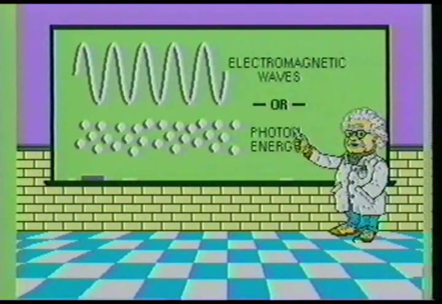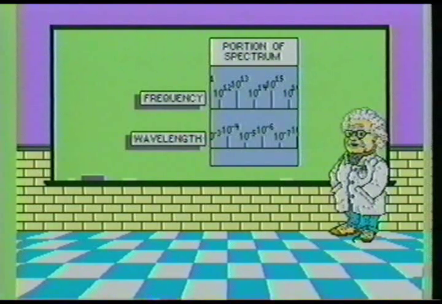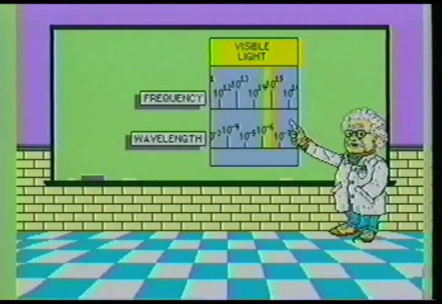Light energy, as we know it, may be thought of as electromagnetic waves or as photons of electromagnetic energy. Light energy may be classified in hertz or as a wavelength in meters. The visible part of the electromagnetic radiation spectrum is only 0.4 to 0.7 micrometers in frequency width.